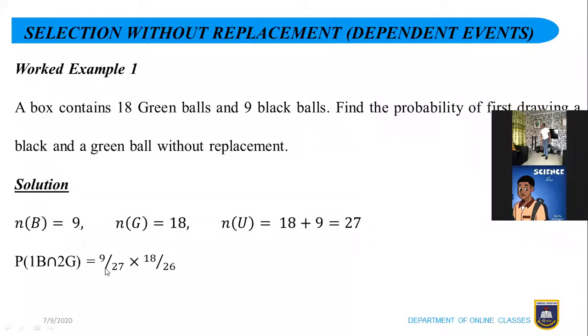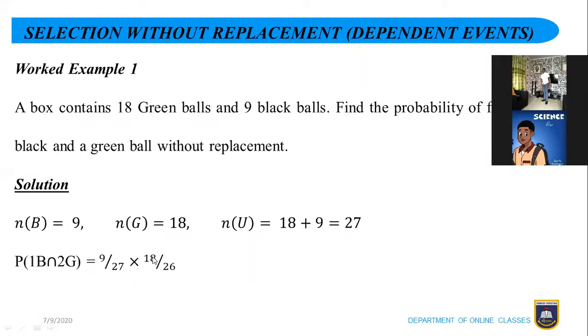This is equal to, now probability that the first ball is black will give us the number of black balls over the total number of balls, that is 9 over 27, times the probability that the second ball that you are going to pick is green will give us 18 over 27. Now this time around, you can see that the total number of balls has now reduced from 27 to 26 because we've picked one ball.